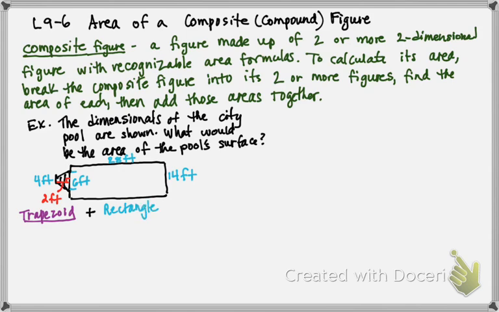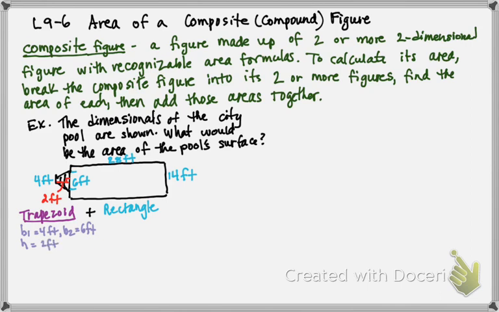Okay. So I'm going to start with the information that we have for the trapezoid. So I know that its one base is 4 feet. The other base, base sub 2, is 6 feet. We have the height of that trapezoid is 2 feet.